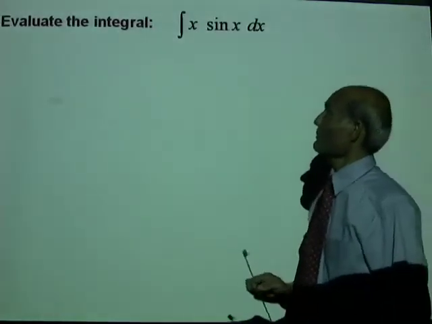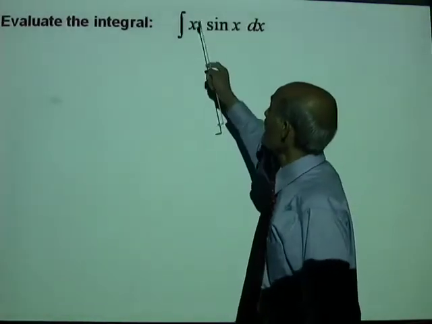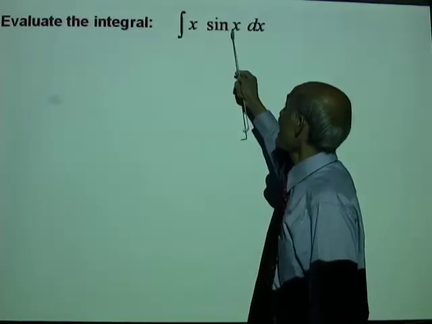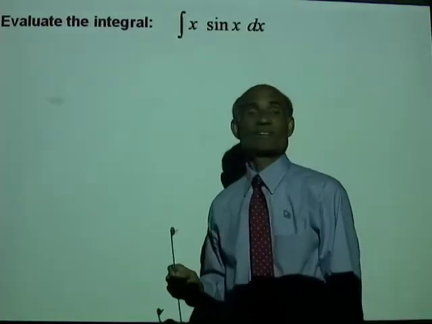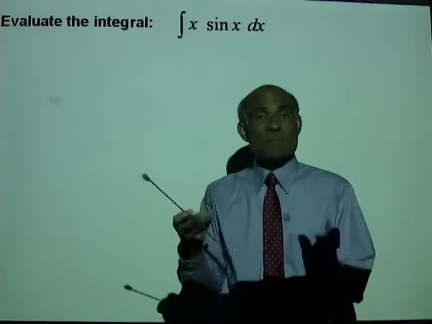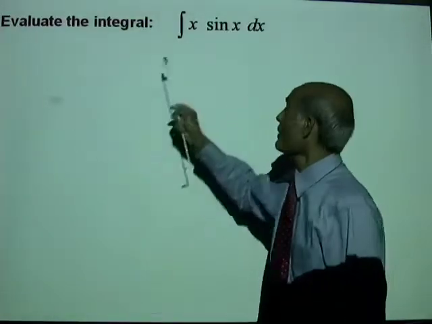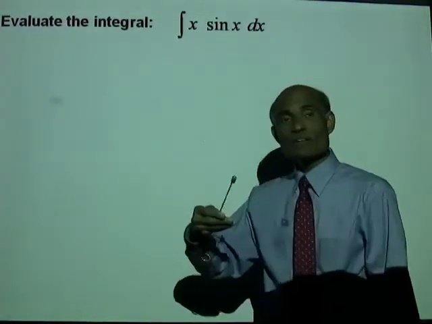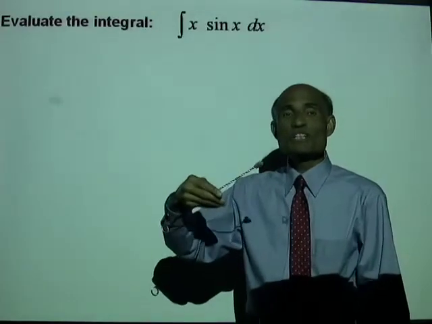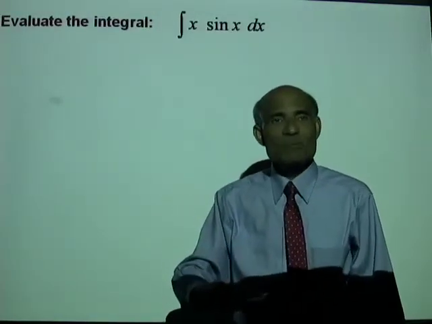Alright, another example. Evaluate integral x sine x dx. Now here again, the basic form is the same as before. You see, x is something that when you differentiate continuously, it is going to become 0.